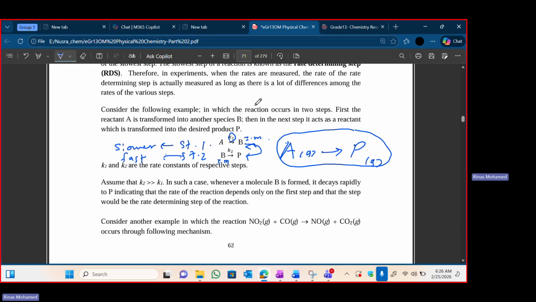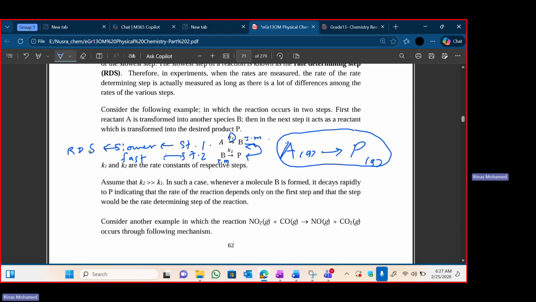Otherwise, the reaction won't be completed. So this slower step of the reaction is the rate determining step, the RDS. The first step is the RDS.